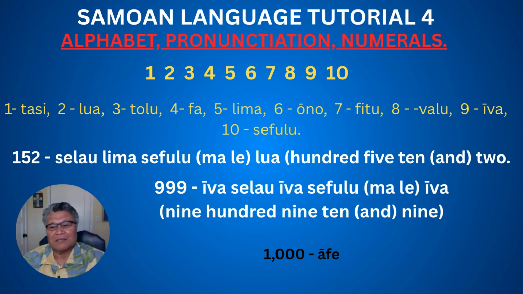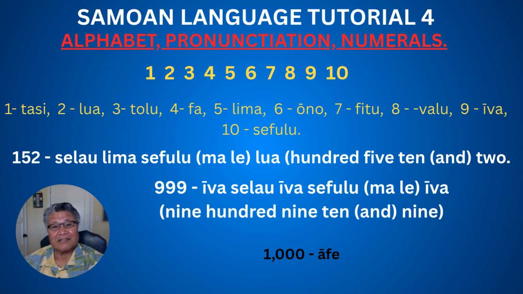152. That's how simple the numerals are in Samoan. The only thing you might have to struggle with is the 1 to 10. After 1 to 10, you just know that the next one is 100, or selau, after 99.